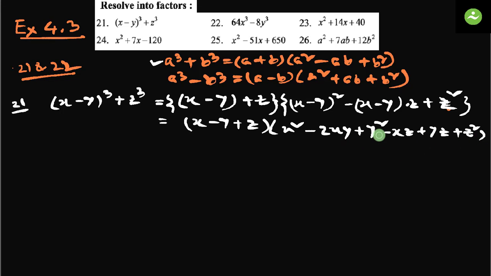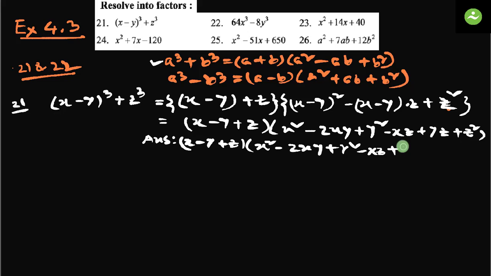And that is the answer. The answer is x minus y plus z into x square minus 2xy plus y square minus xz plus yz plus z square.